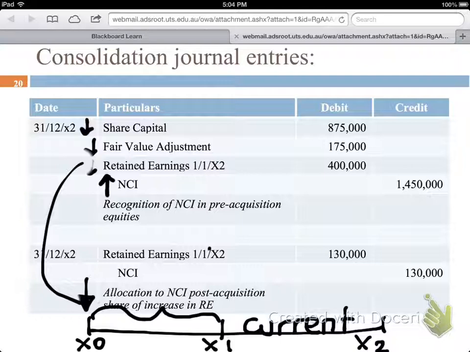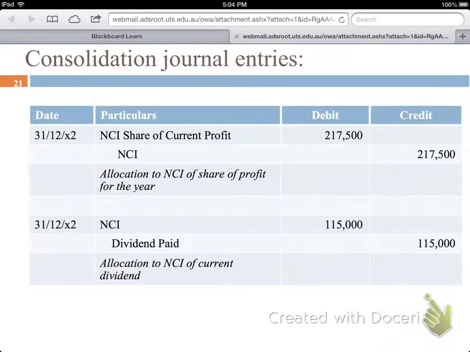That's retained earnings at 30th of June 2001. We're trying to get the retained earnings right here. So take the difference between these two figures, multiply it by 25%, and you get 130. Because the retained earnings has increased, we're going to increase the non-controlling interest using a credit.